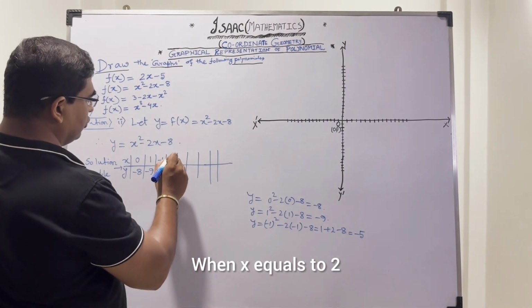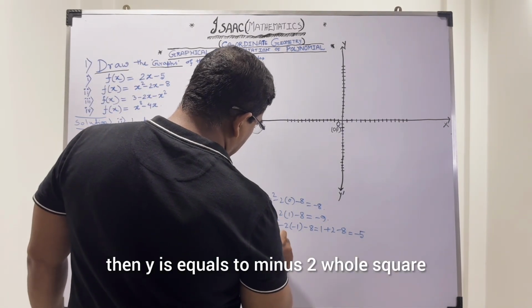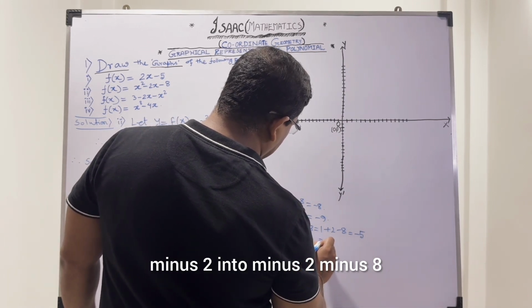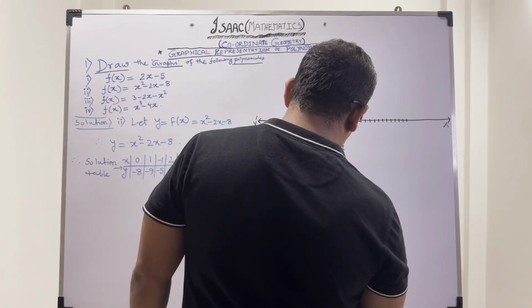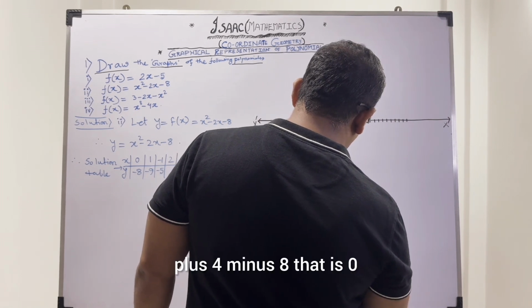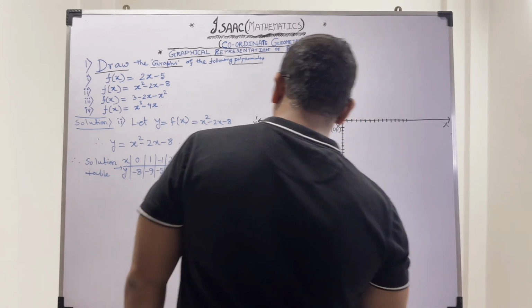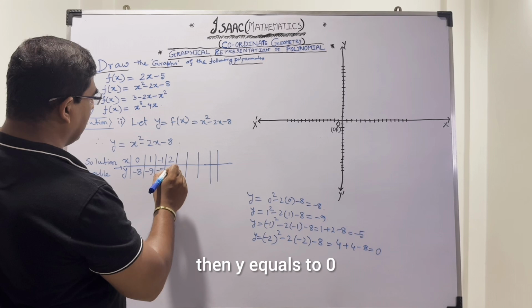When x equals to 2, then y equals to 2 whole square minus 2 into 2 minus 8. That is 4 plus 4 minus 8, that is 0. So when x equals to 2, then y equals to 0.